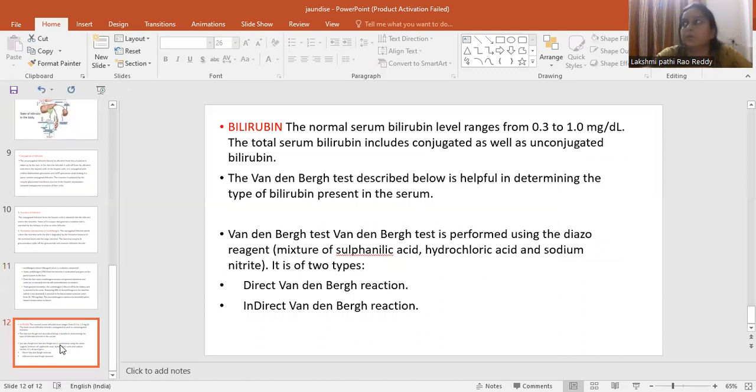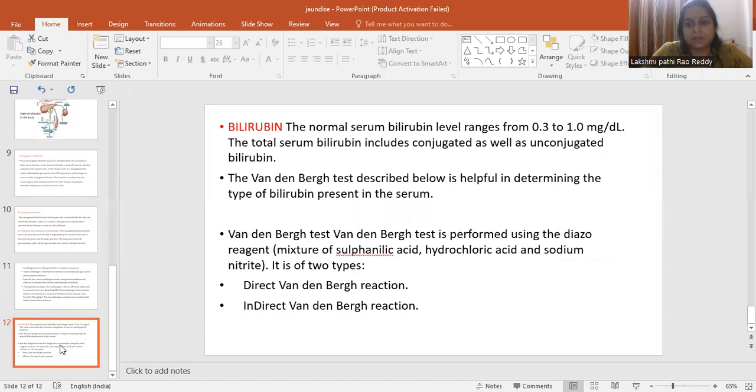Now we'll talk about bilirubin. The normal serum bilirubin level ranges from 0.3 to 1 milligram per deciliter. The total serum bilirubin includes conjugated as well as unconjugated bilirubin.